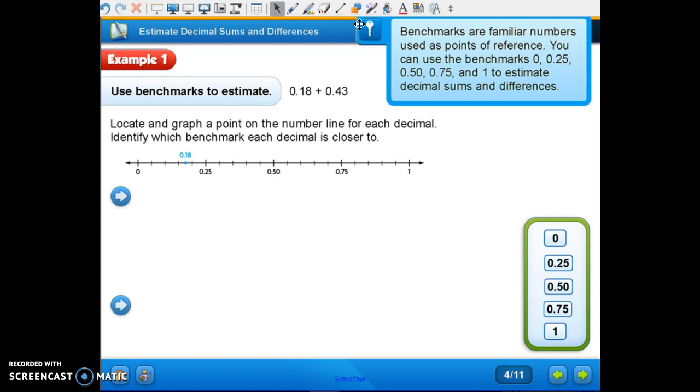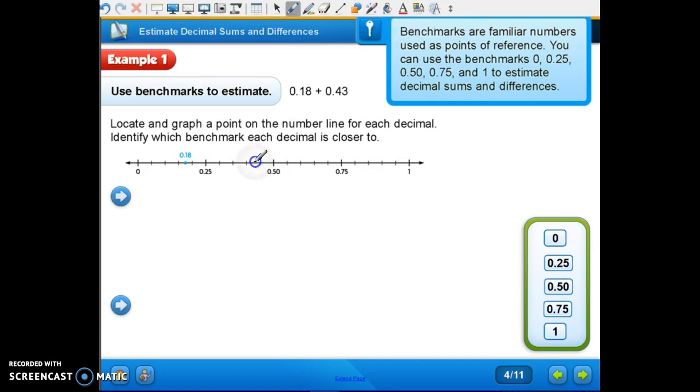And these are increments of 5, I believe. So this would be 30 hundredths, 35 hundredths, 40 hundredths, 45 hundredths, and 50 hundredths. So if this is 45 hundredths, 43 hundredths would be a little bit less than 45 hundredths, but not halfway.